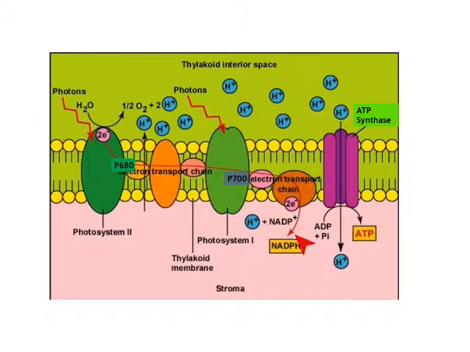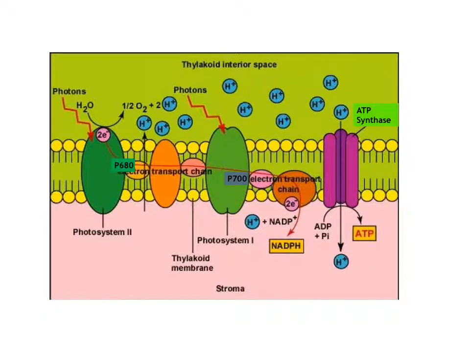Here we're making some NADPH, very important, going to the dark cycle. But here's what we're talking about here. These hydrogen ions can only come through right here at ATP synthase, at this pore, which is also an enzyme. So it's here that ADP plus some free phosphate is catalyzed to create ATP, and that's how the ATP is generated.